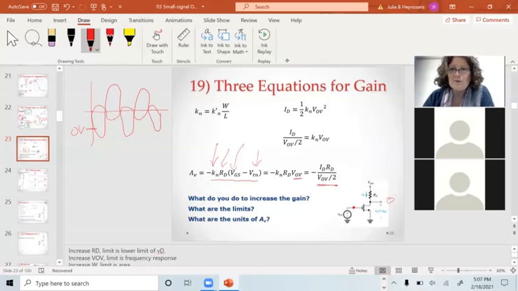I can't get voltages below 0 volts out of this circuit. So what happens is the output actually clips off. And if I set the gain too high, I'm going to have a problem. If my power supply is 1.8, I can't get a voltage above 1.8. So it's going to clip off that top part of the wave too.